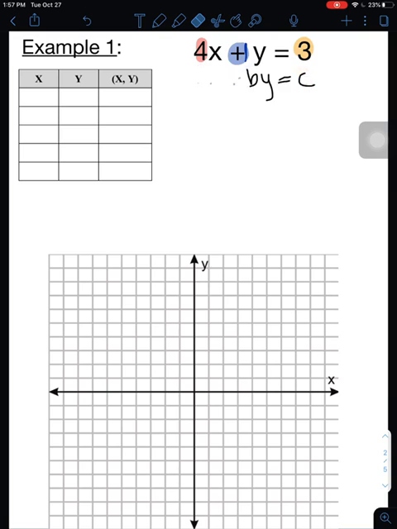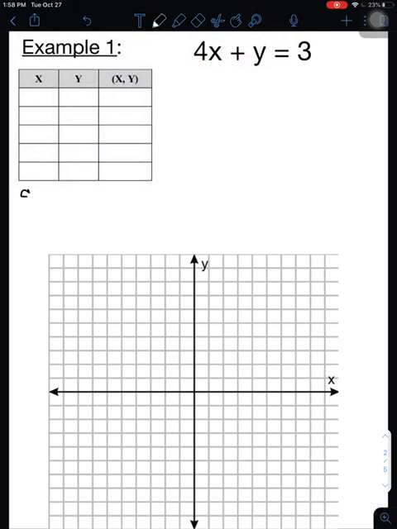So I'm gonna just erase this because what we actually want to do is the first method that we're going to use whenever we are in standard form. So when we are in standard form, the first thing that we can do is rearrange this equation so that we're back in slope-intercept form. So let me just remind you what slope-intercept form looks like.